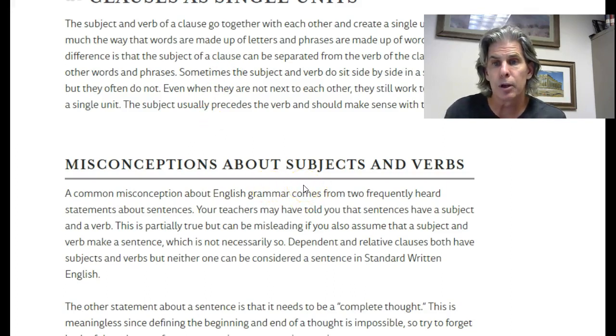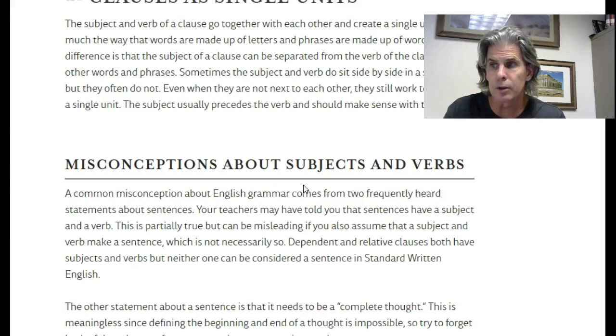Think of subjects as who or what performs the action, or who or what is described. So if you have an action verb, it's whoever is performing that action. If you have a linking verb, it's who or what is being described through that linking verb. So notice the subject is defined by the verb. The verb is defined by the subject. They make a link. They're like spouses.